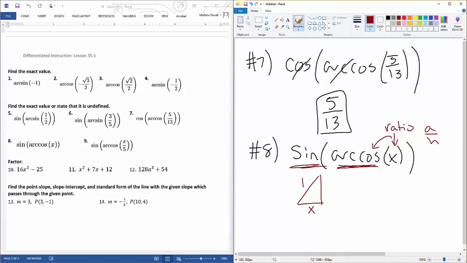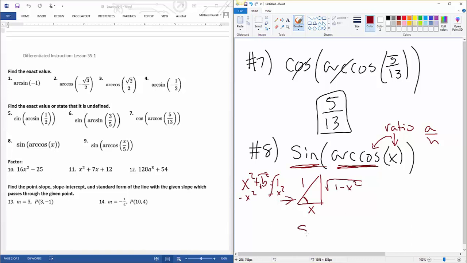But it's asking for the sine of that. Well, the sine of this triangle, if we're coming from this angle that we're referencing, well, that's opposite over hypotenuse. Well, I don't have my opposite. I have to use the Pythagorean theorem to find it. So a² plus b² equals c², minus x² on both sides, square root. So that'll be the square root of 1 minus x².